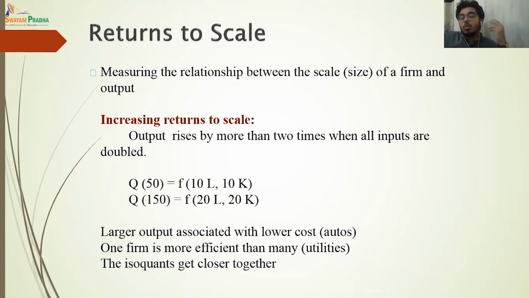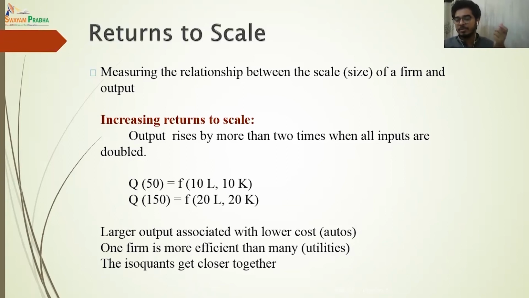The second is, one firm is more efficient than many others. How do we consider that? It can happen that in a particular firm, whatever labor and capital is working, if not technologically, then by the quality of their input, the quality of their labor, the skill they have, all are very advanced.